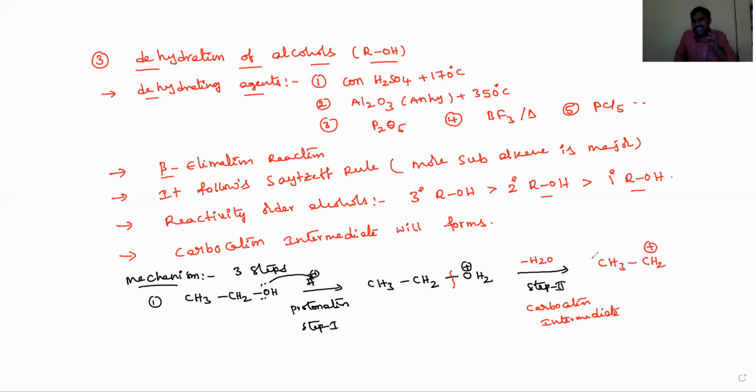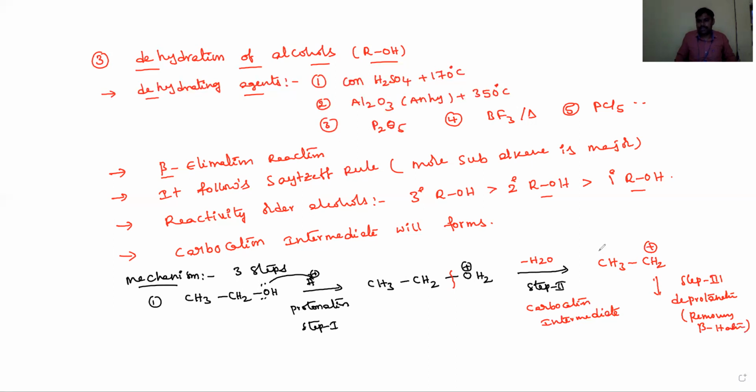Dear students, rearrangement can also take place by shifting of hydrogen atoms or methyl groups, to form a more stable carbocation intermediate. And the third step is deprotonation. Deprotonation means removing a beta hydrogen atom.